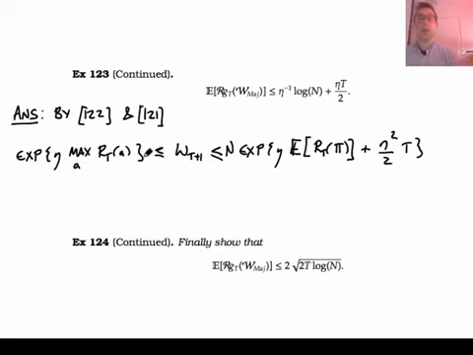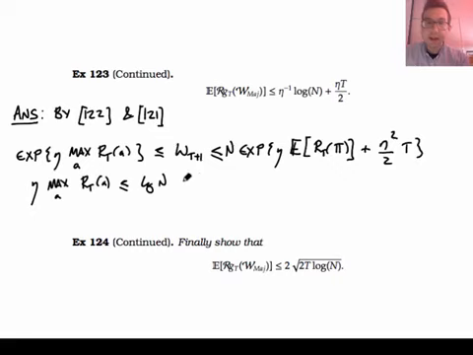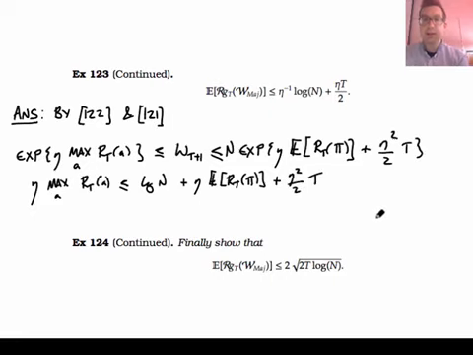If I take logs, that gets rid of that exponential and that exponential, and I get a log n added on. Taking logs, I'm going to get eta times max over a of r_t(a) is less than or equal to log of n plus eta times the expected value of r_t(pi) plus eta squared over 2t.